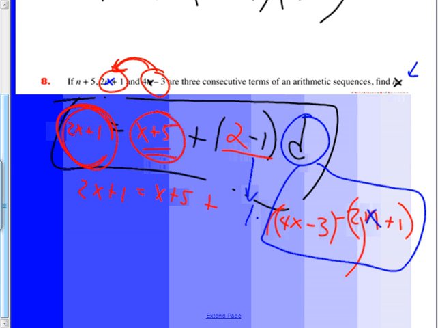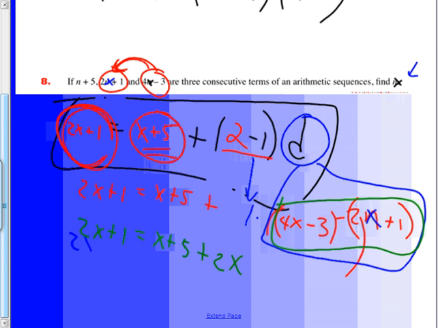Okay, so now 2x plus 1 equals x plus 5 plus, okay, I'm going to put all this together now. And 4x minus the 2x gives me 2x. And the negative 3 minus the 1, notice me distributing this negative.